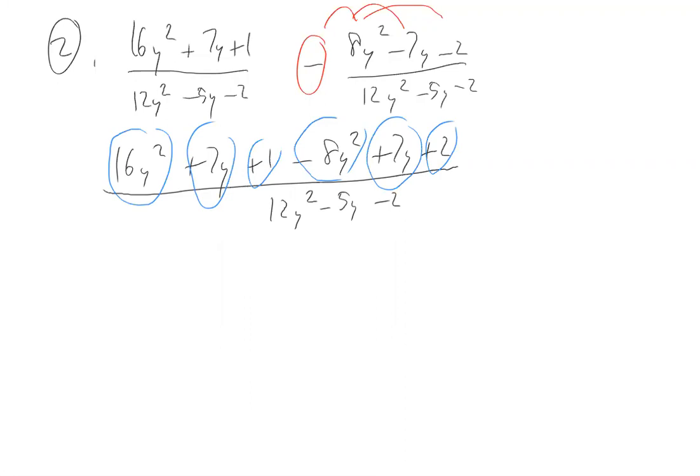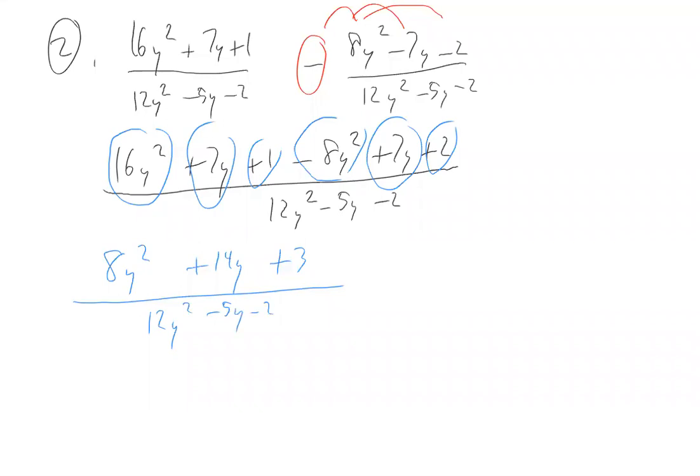So 16y squared minus 8y squared is 8y squared. 7y plus 7y is 14y. 1 plus 2 is 3. Then in the bottom, we'll just leave the bottom the same, 12y squared minus 5y minus 2. Then we'll have to factor.